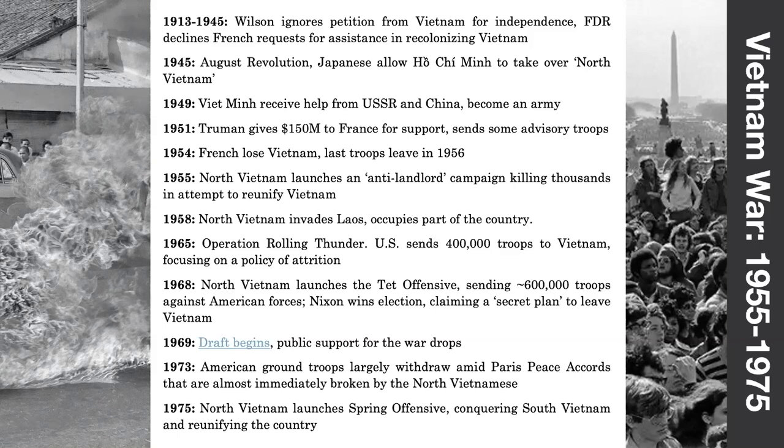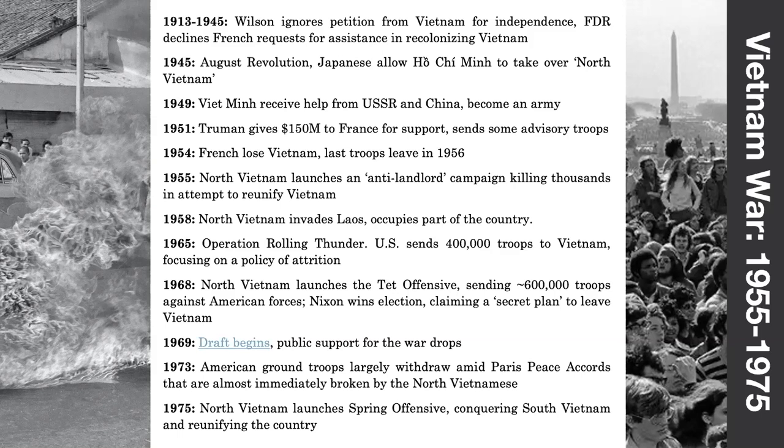So in 1945, there is a revolution, and the Japanese who are in control allow Ho Chi Minh to take over this area that gets to be known as North Vietnam. And the communists, seeing sympathetic ideologies, start helping.